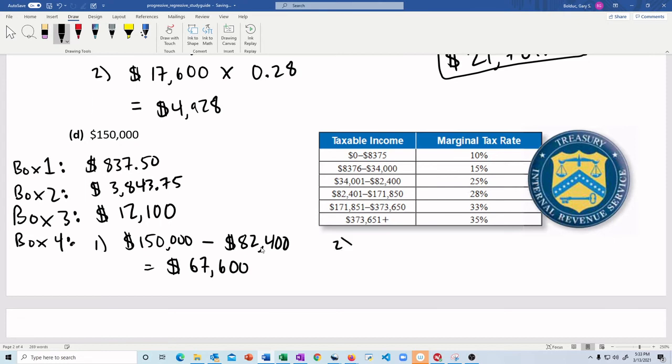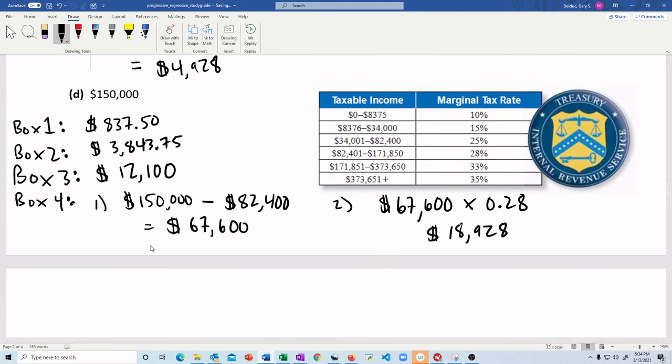So then your step 2 here, you take that amount of money that you're going to have taxed in that box and you multiply it by the tax rate, which remember is 28% in that box. So then that ends up being $18,928.